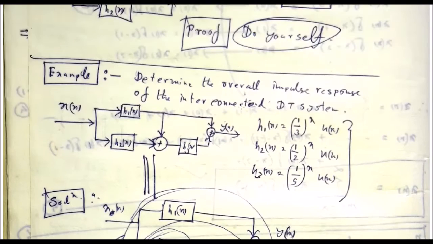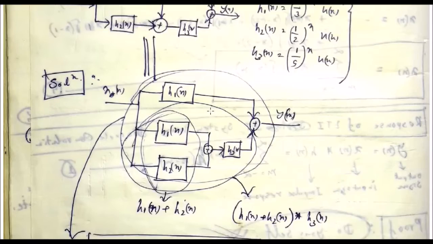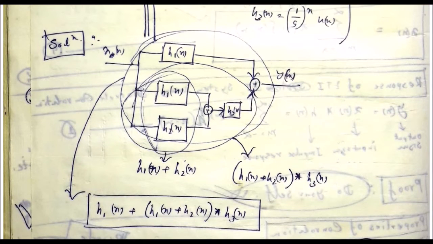Now from the cascade and parallel laws, you can determine the overall impulse response of these two systems which are connected in parallel. That should be h1[n] plus h2[n] because they are in parallel. Now what will be the overall impulse response of the system considering this parallel block along with this serial block?